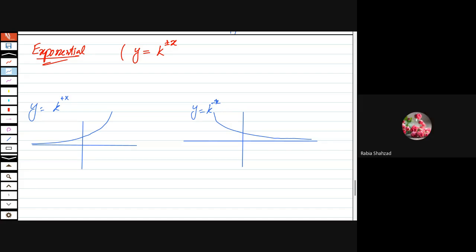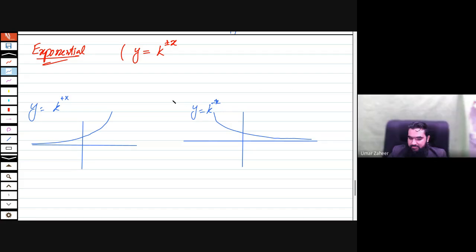Sir, how do we sketch these? The same way that I have drawn. That's it. There is no need to show any point on the x-axis. Maybe there is a specific basic case. You substitute x is equal to 0, so you will get this value.